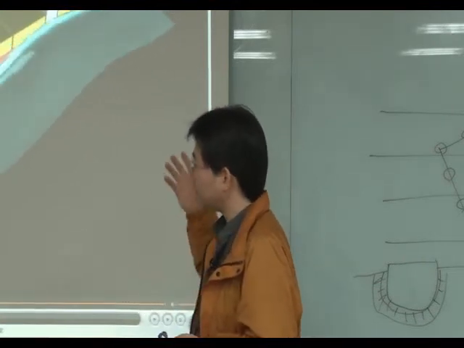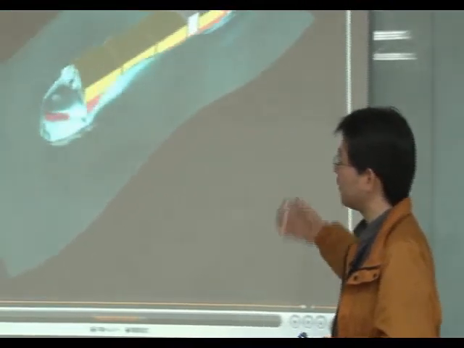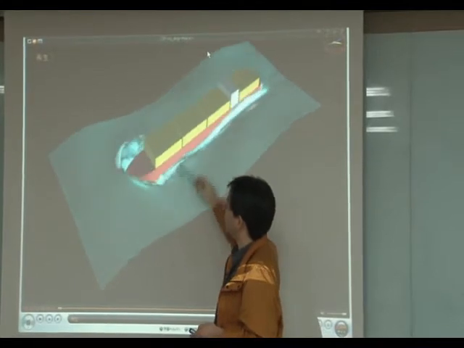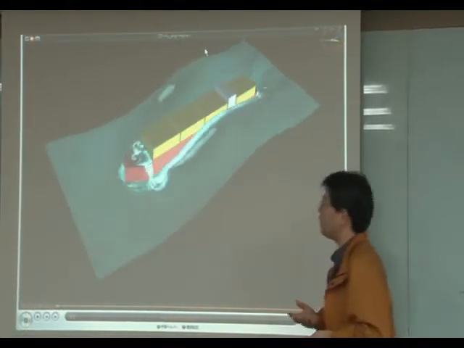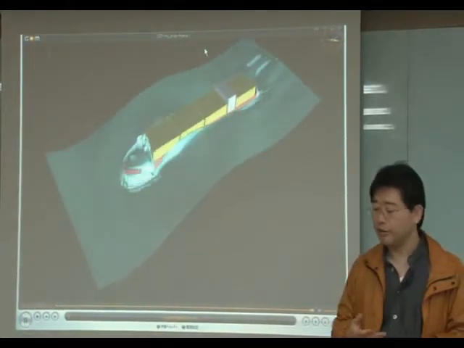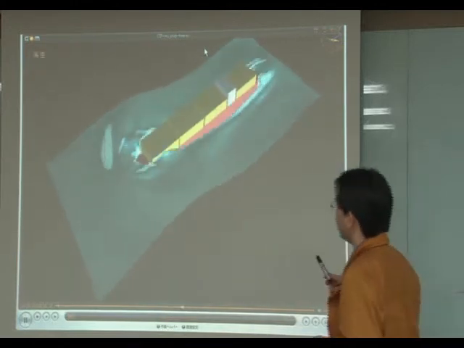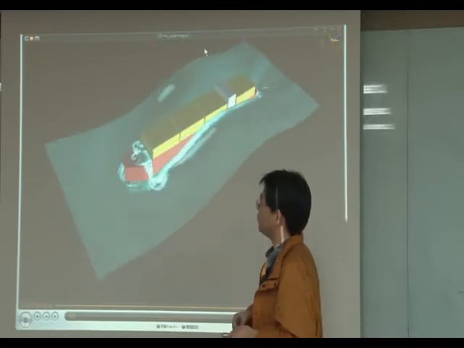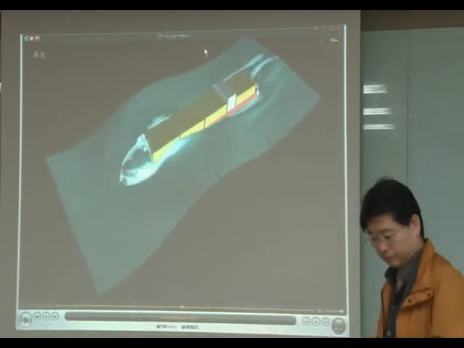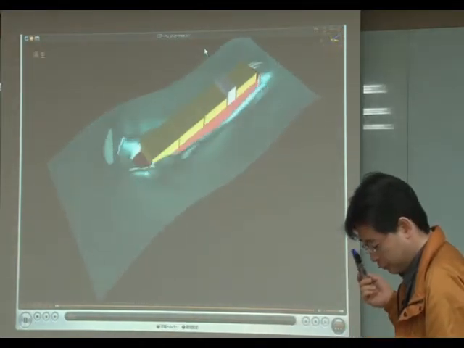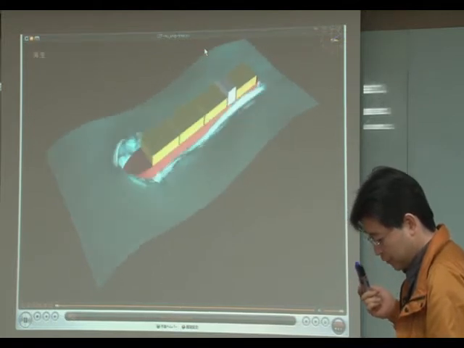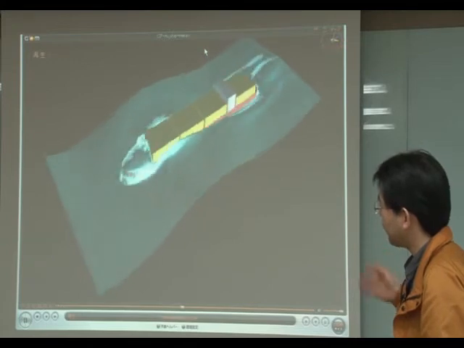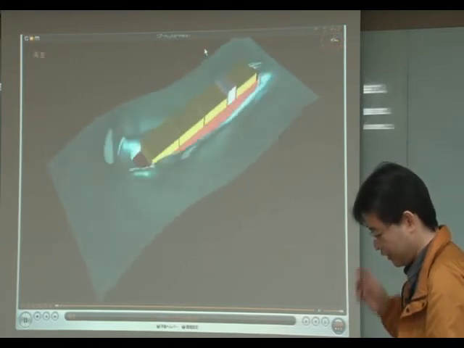So if you are interested in green water loads or other nonlinear wave related phenomena, you can consider this CIP approach. But if it is for the problem of performance, you have to think of another choice.